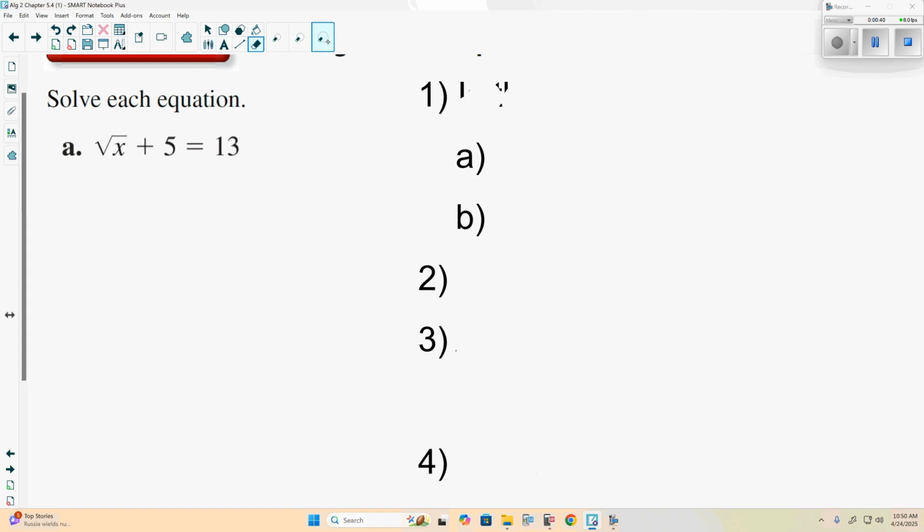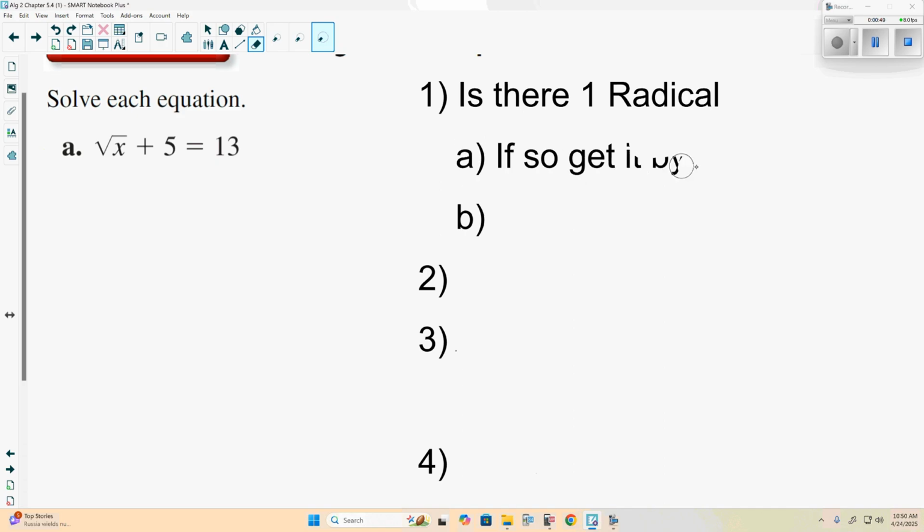Now the first step, and first thing we're asking ourselves, is there one radical? If so, get it by itself.